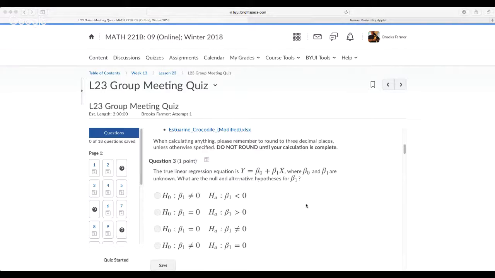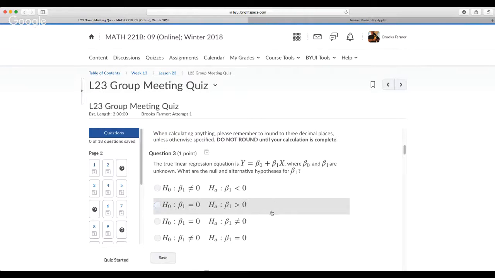All right, question 3. The true linear regression equation is y equals beta 0 plus beta 1 x, where beta 0 and beta 1 are unknown. Known primitive sources of beta 1. Is it C?